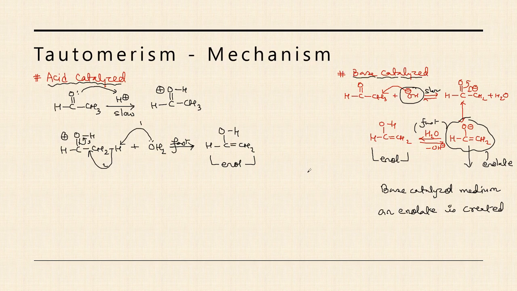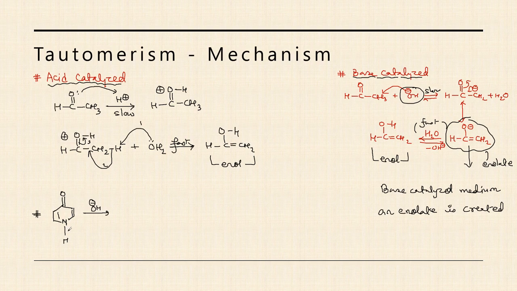Remember that you would not be asked directly about the mechanism; you might be asked how to create the entity. Let's take a compound to understand how this happens. So you react it with OH minus.